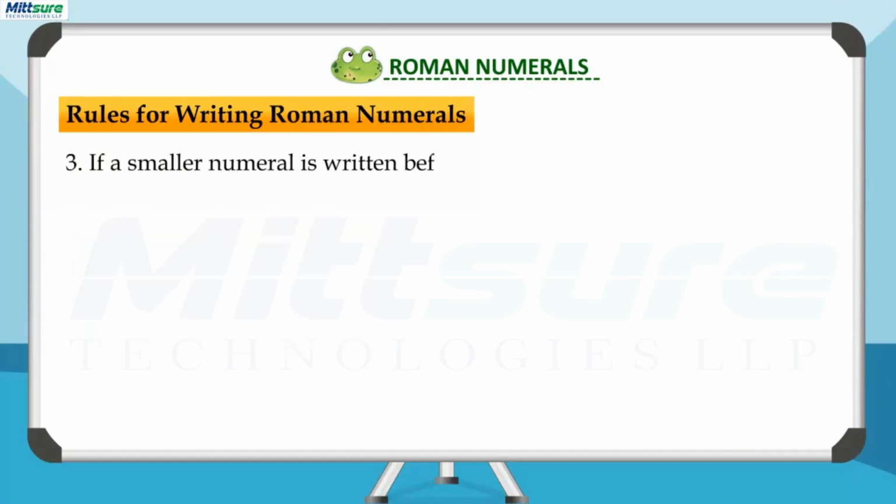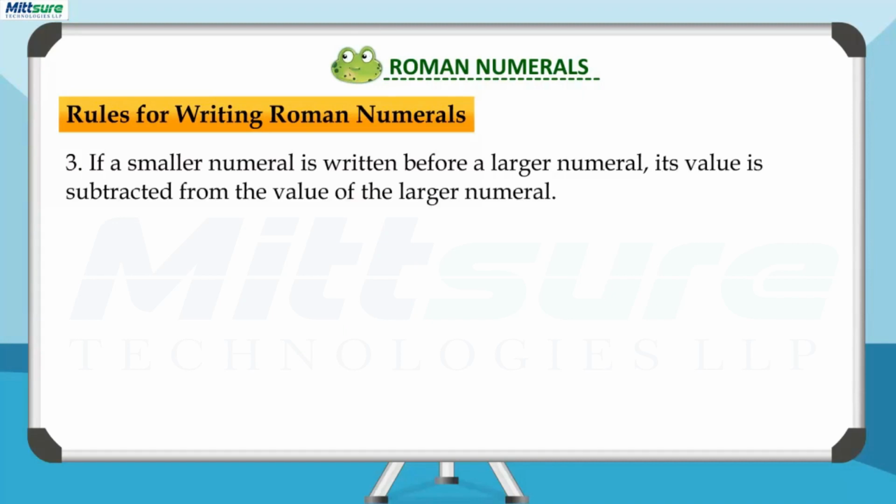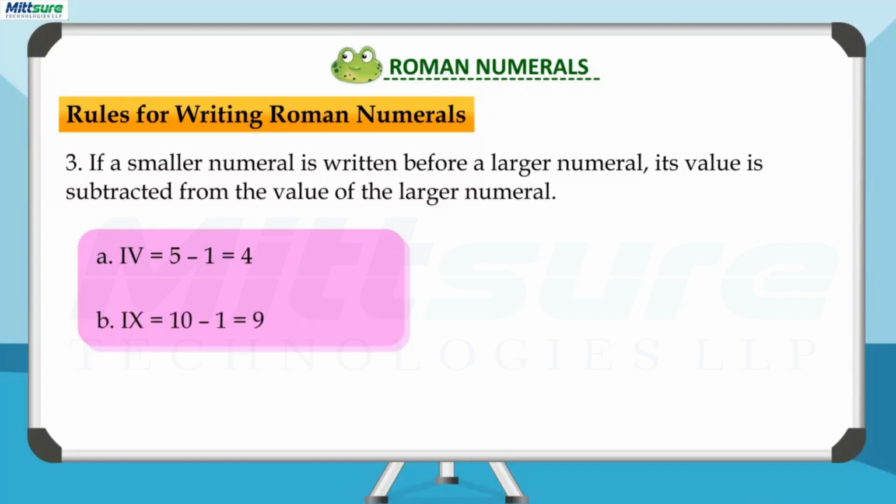If a smaller numeral is written before a larger numeral, its value is subtracted from the value of the larger numeral. IV is equal to 5 minus 1, which is equal to 4. IX is equal to 10 minus 1, which is equal to 9.